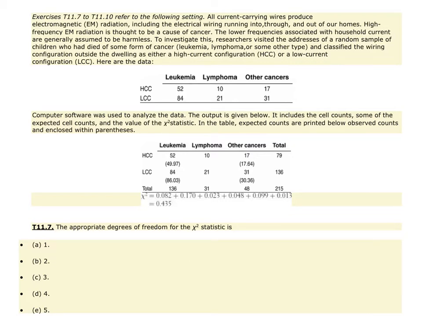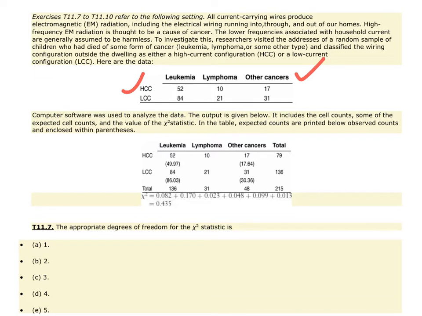Again, let's determine, is this goodness of fit, independence or association, or is it homogeneity? Goodness of fit is one sample in one variable. Well, in this case, there's 2 different variables that were actually looked at. It was just one sample, but the variable is the type of wiring and the kind of cancer if it existed. So it's not goodness of fit.